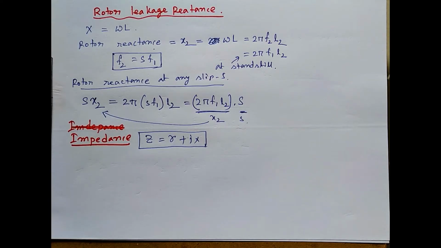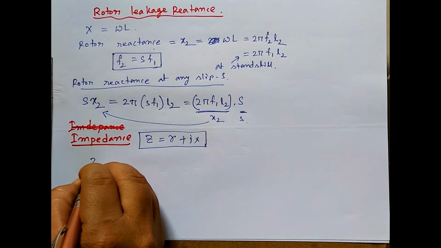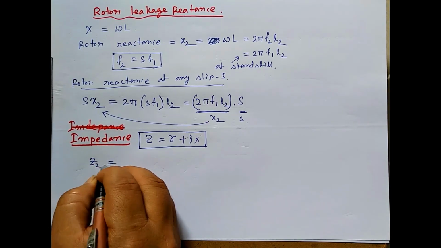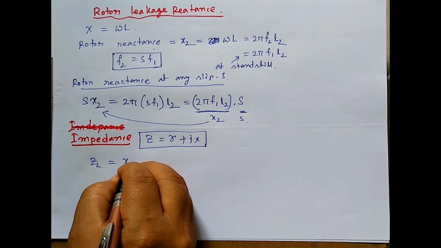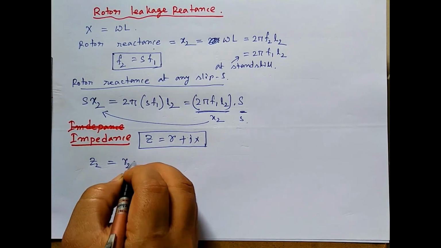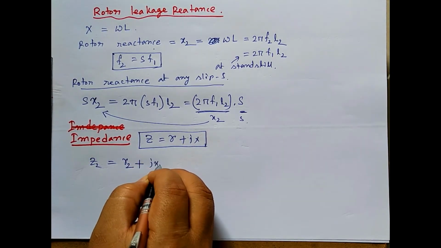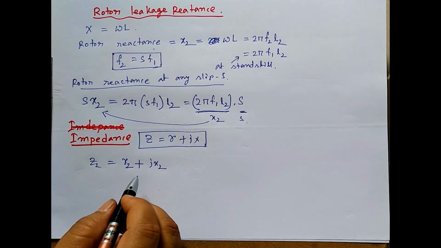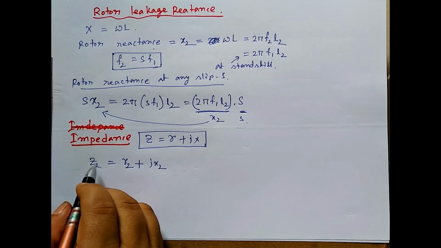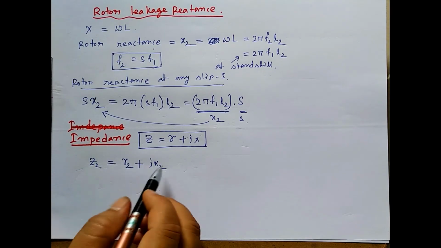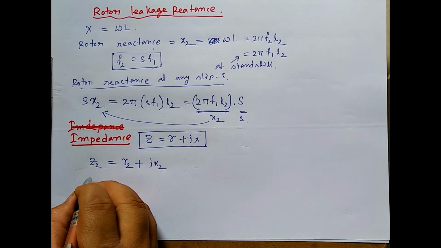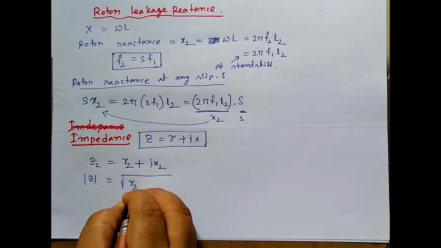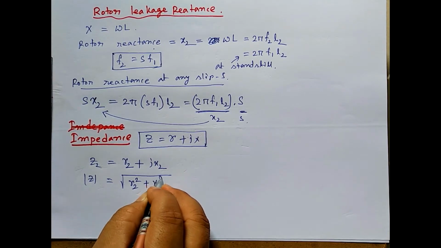Here Z2 is the impedance of the rotor circuit, R2 is the rotor resistance, plus jX2 is the rotor leakage reactance. The magnitude of the total impedance of the rotor circuit will be root over R2 square plus X2 square.